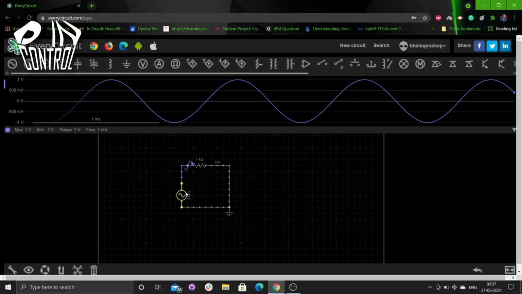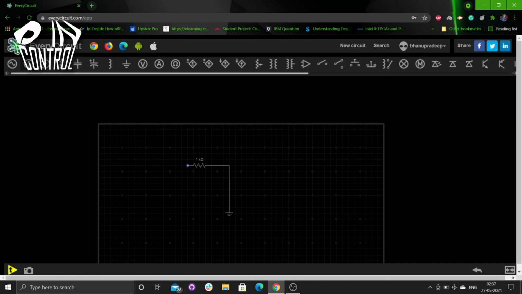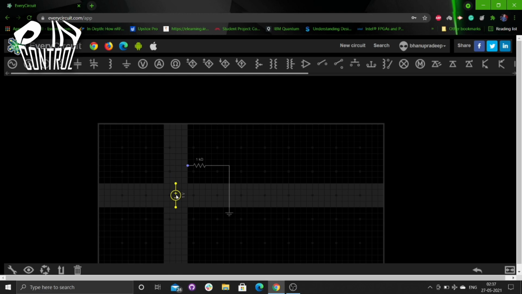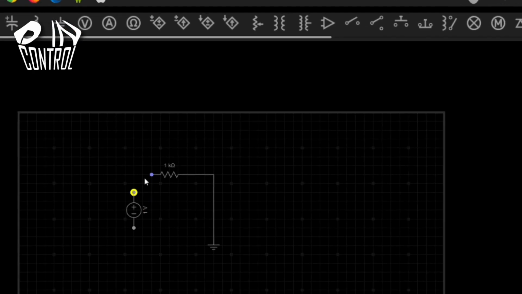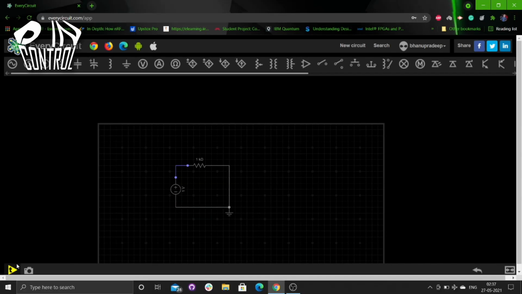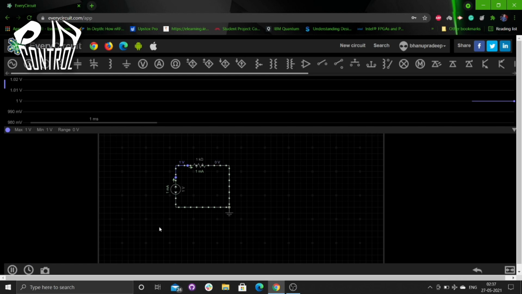I am removing the AC source and replacing it with a DC source, and I am now connecting this DC source positive to the resistor and negative to the ground and simulating. Since I have said before, in the DC voltage source there is no frequency component, so the input is linear.